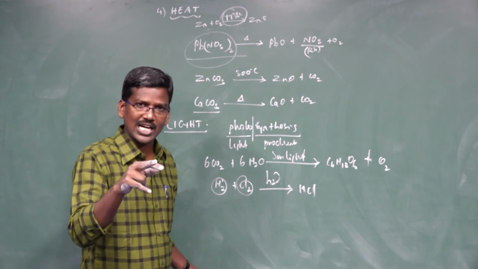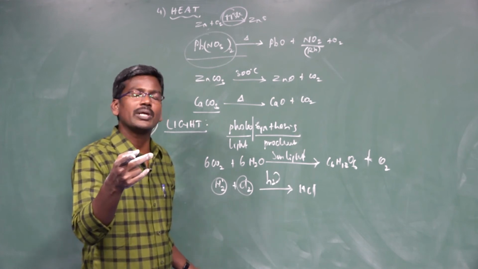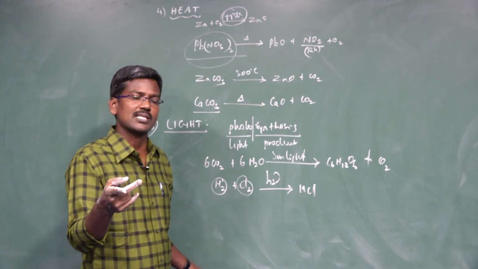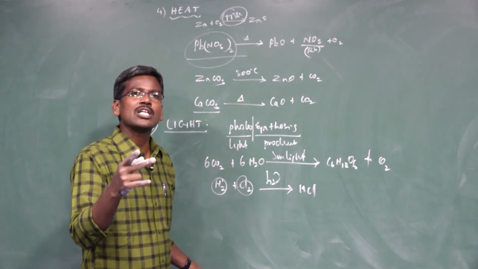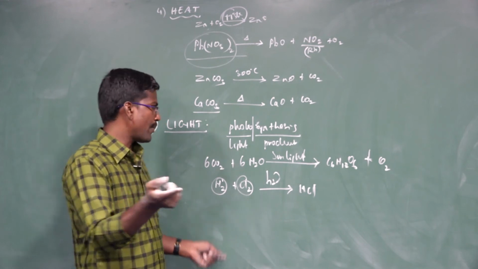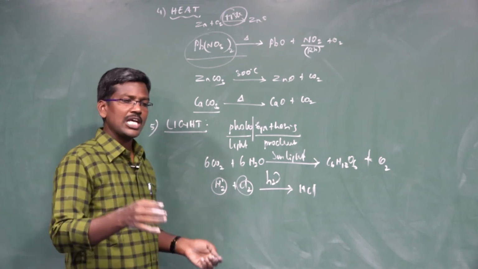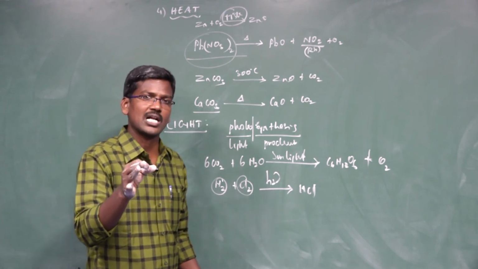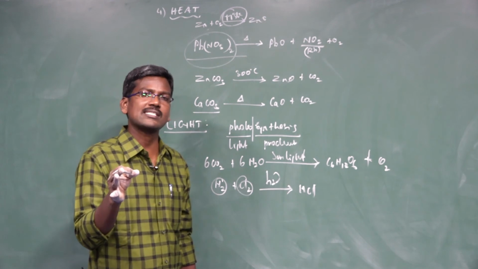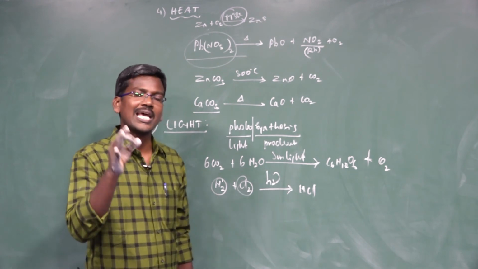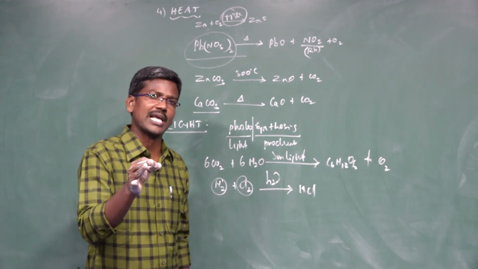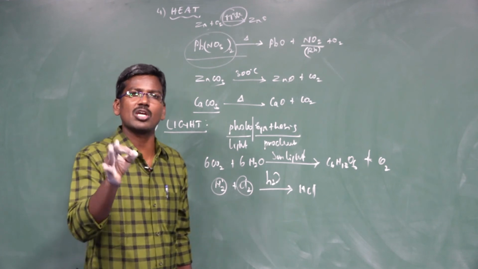So by using electric current means electrochemical reaction, electrolysis. By using temperature means thermolysis, thermochemical reaction. By using light means photochemical reaction, otherwise called photolysis.